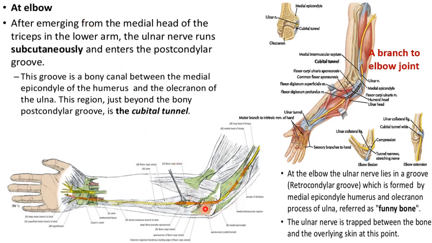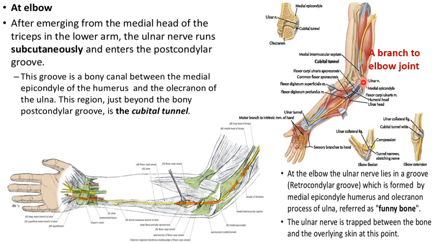So posterior to the medial epicondyle, there is a groove on the posterior aspect of the medial epicondyle, which is called the retrocondylar groove, where the ulnar nerve is resting in its groove. This is the medial epicondyle.